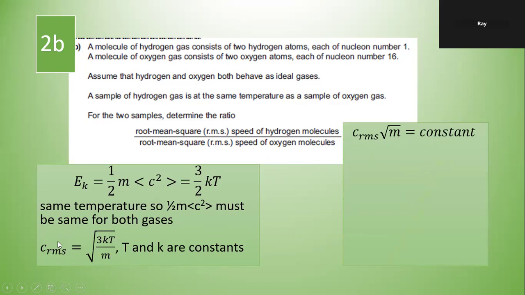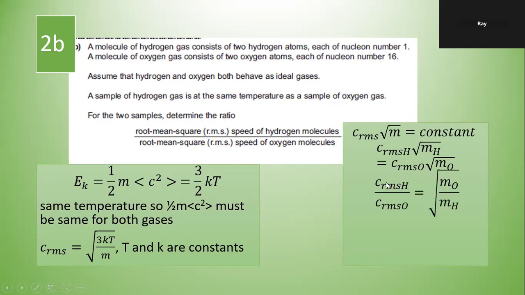This is root M there, then for hydrogen over oxygen. So you want the root mean square speed of hydrogen over that of oxygen. That's what you want. So take this one down, square root that.